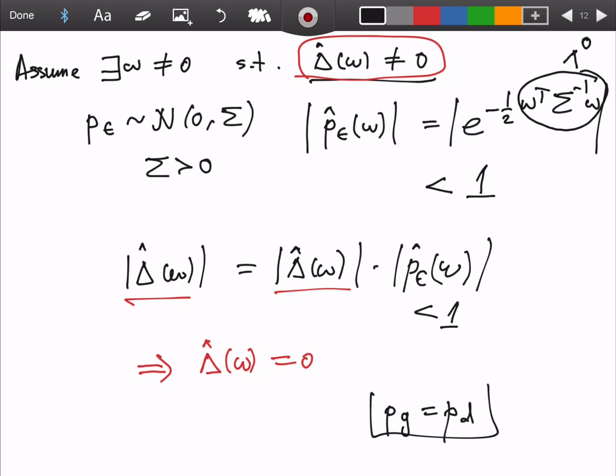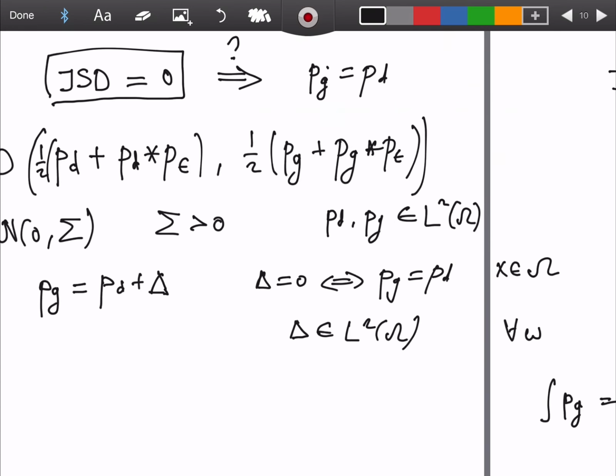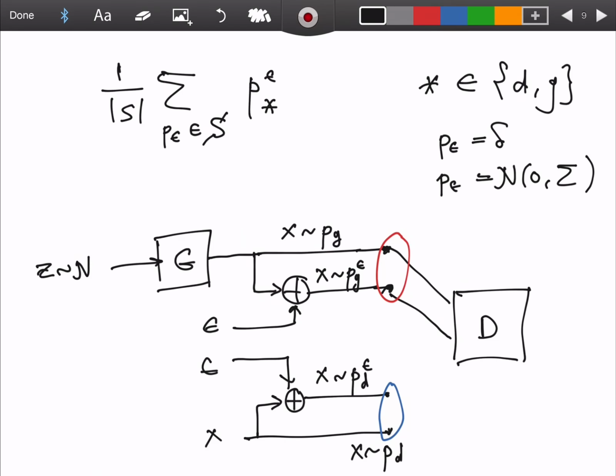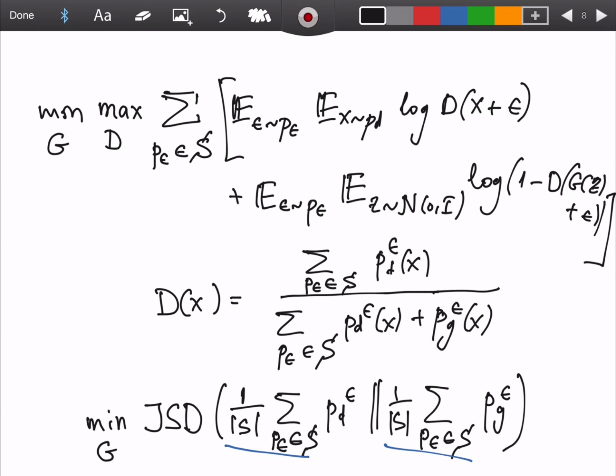So the bottom line is that our scheme is basically minimizing this, adding noise, and then just training the regular GAN. So basically minimizing this Jensen-Shannon distance for the sum of the distributions, one blurred by noise and another one intact by noise.